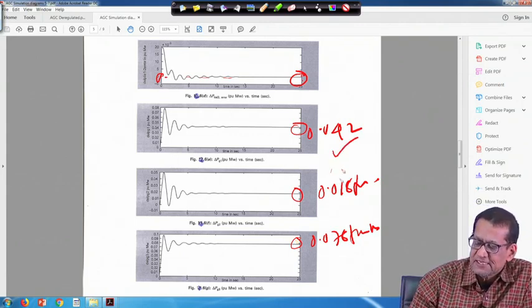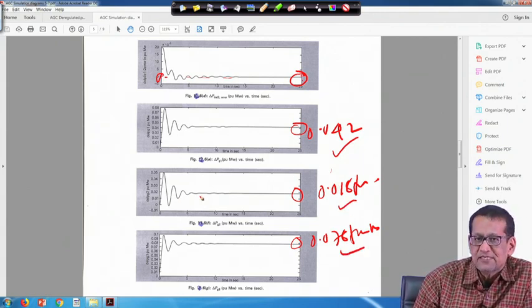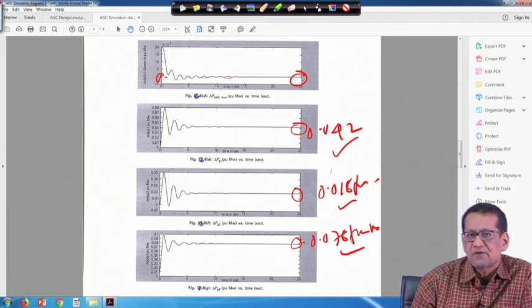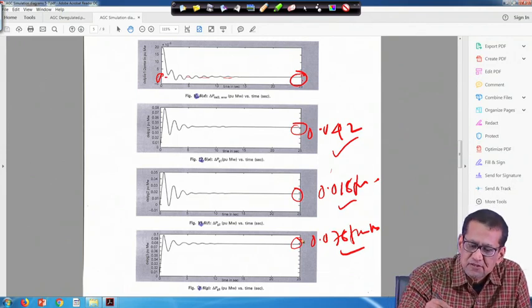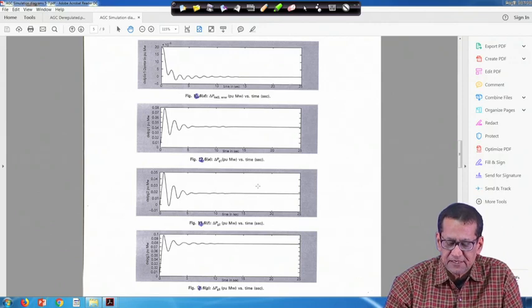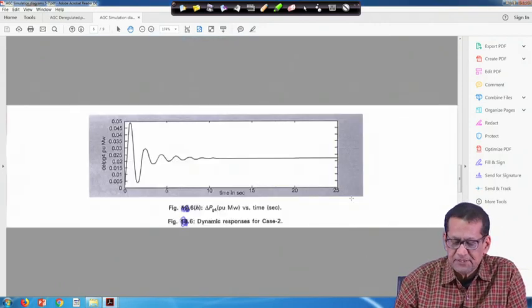So, all the values are matching at steady state. During the transient there will be some oscillations, and finally it will come to the steady state values, right. And this is my delta Pg4.